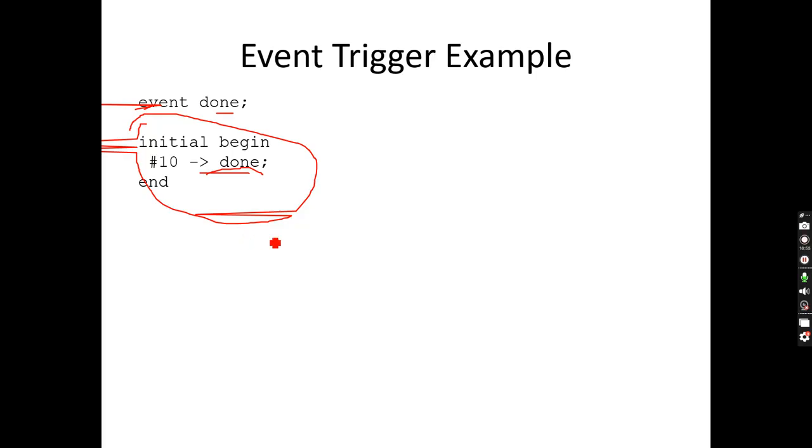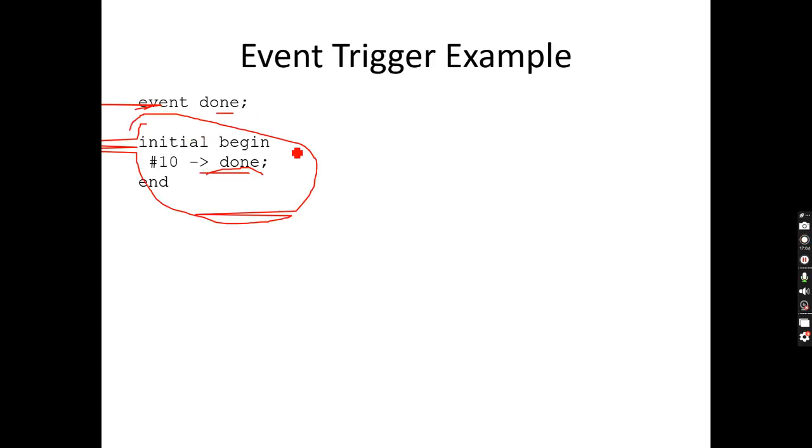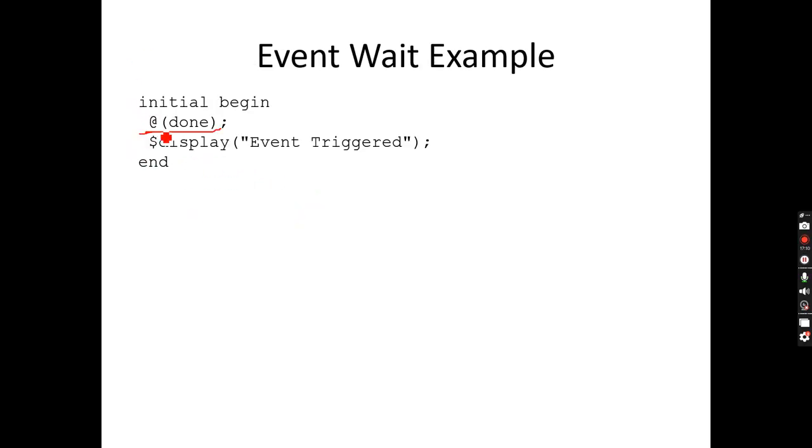Now, parallelly, another initial block is working. It is working at 0 nanoseconds, at the rate done. Here, after 10 delay, the event is going to trigger. But here, at 0 nanoseconds itself, the done is waiting.